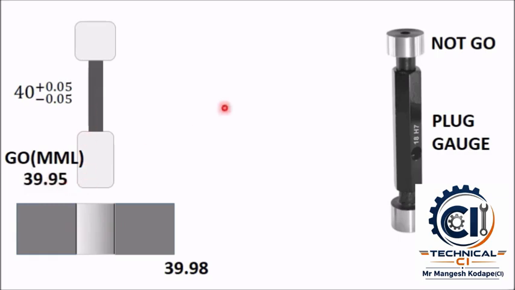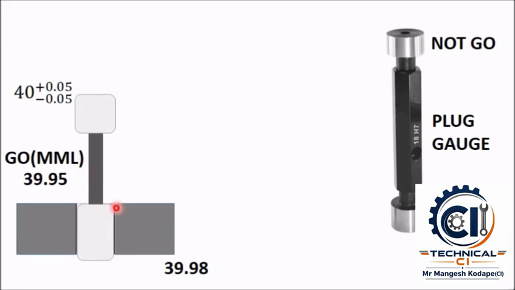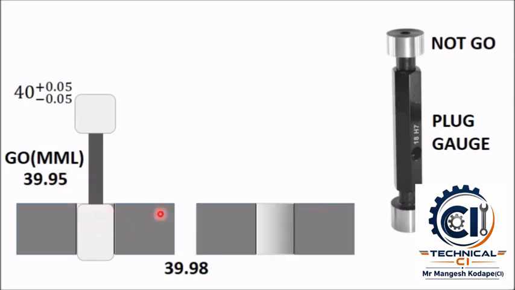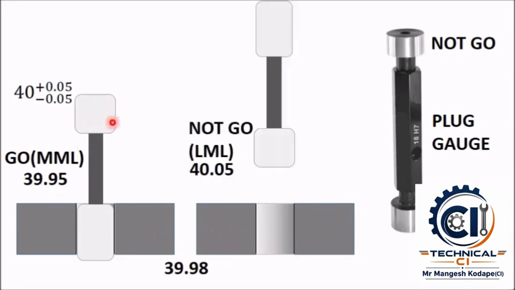Now try to put it inside. It is going inside freely. Therefore the first step is completed. In the second step, with the same plate kept here, I turn the gauge and try to put in the no go end, which is of dimension 40.05. It should not go. It is not going inside this hole, and therefore this plate is acceptable.